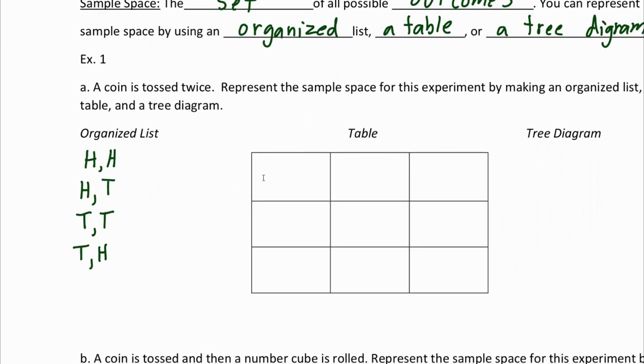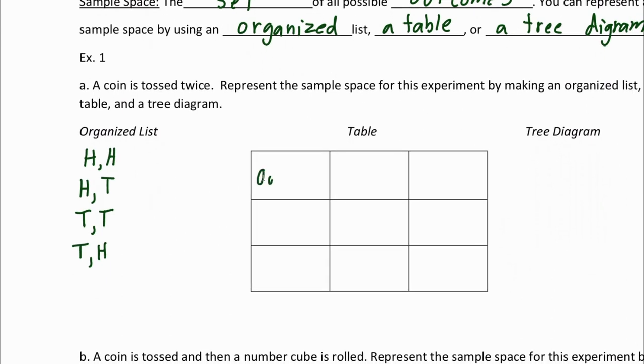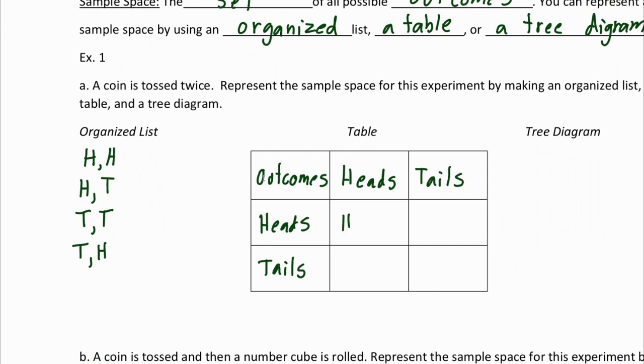We can also represent this as a table. Our two options for that first flip are heads and tails. Then our two options for that second flip are also heads and tails. What we fill in these boxes is that sample space. First flip is heads, second flip is heads.